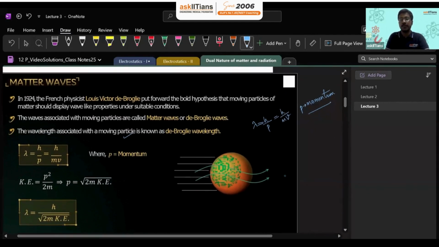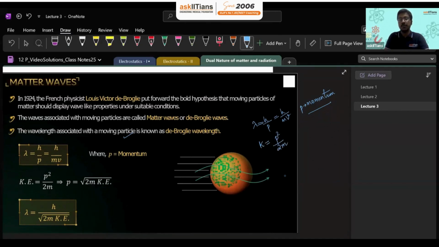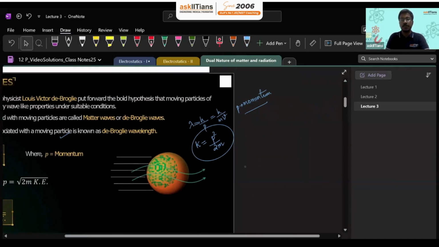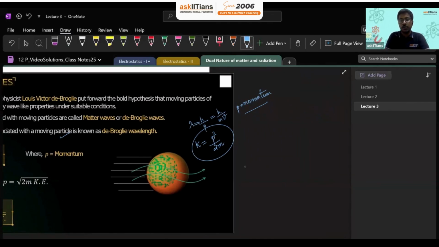Now the kinetic energy of the particle is given by p square by 2m. Why? Because we know kinetic energy is equal to half mv square.